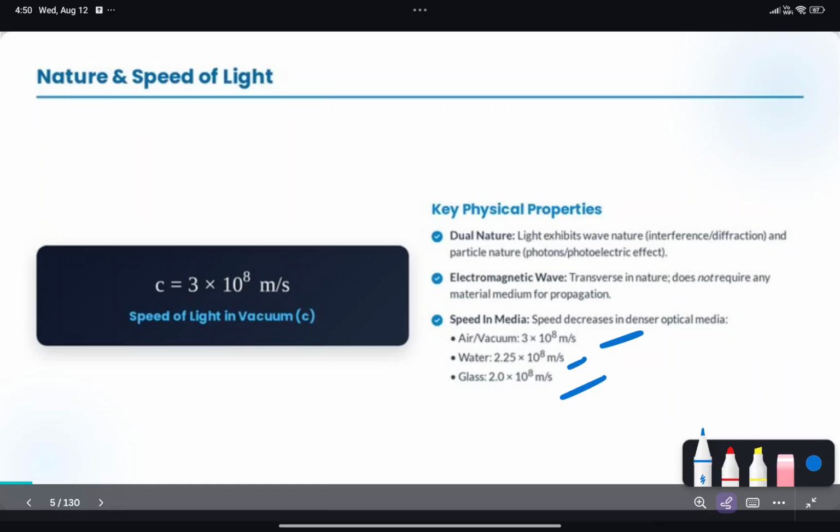Speed decreases or not? Why? Because air is a rarer medium, less dense, so that is the reason the speed of light is more there. In the case of water and glass, compared with air, the speed is lower because these are denser mediums. Clear? Sure?